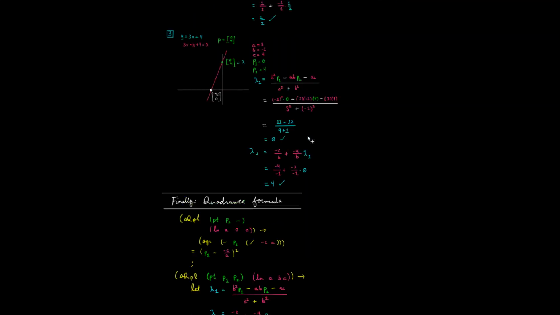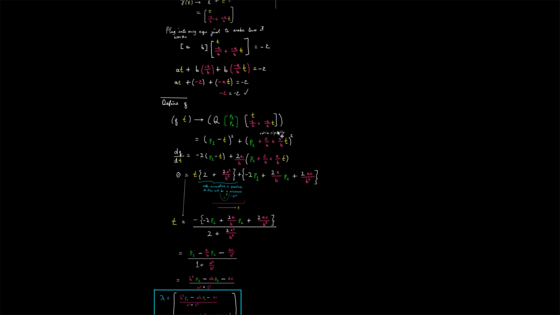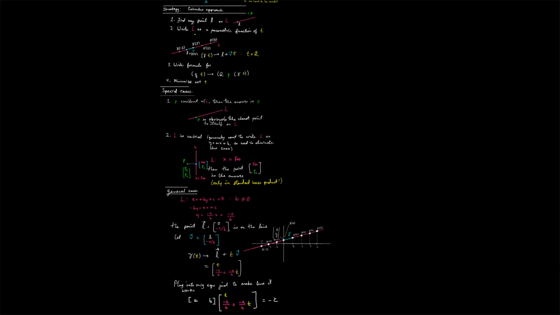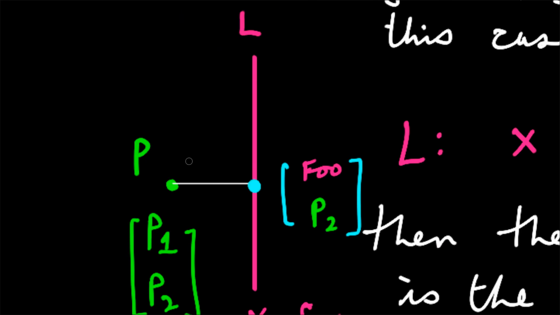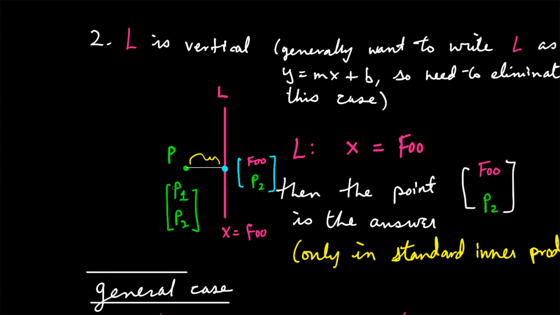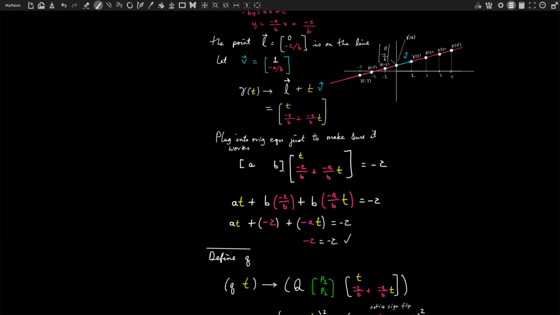Well, if we go back up to our, where is that diagram? This diagram. Well, the only quadrants that matters here is this, because there's no difference in the y-coordinate. And so this is going to be P1 minus foo quantity squared. And that's all that's going on down here.